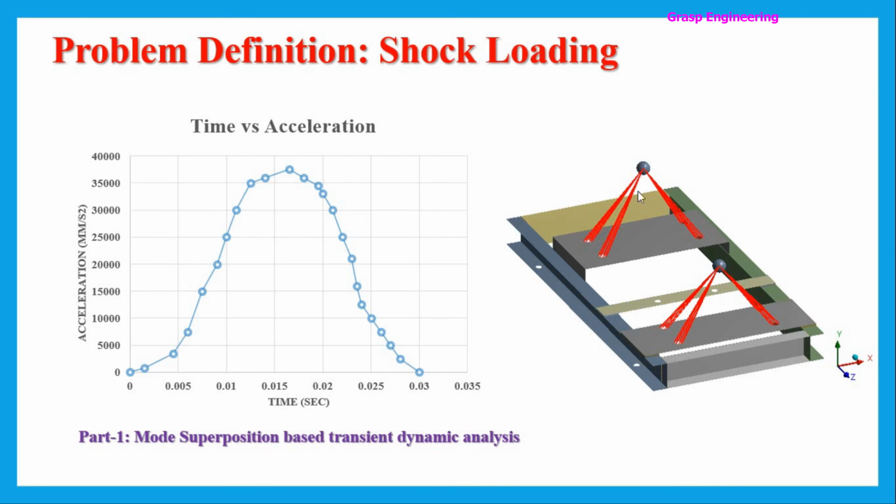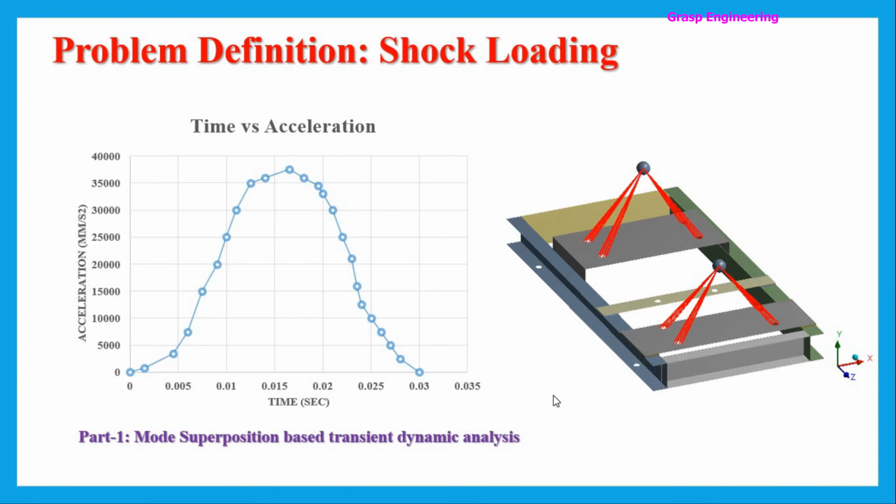In a general transient simulation the time duration might be much longer, but when there is a shock condition the time duration will be a few milliseconds. That is the difference between shock loading and general time dependent loading.